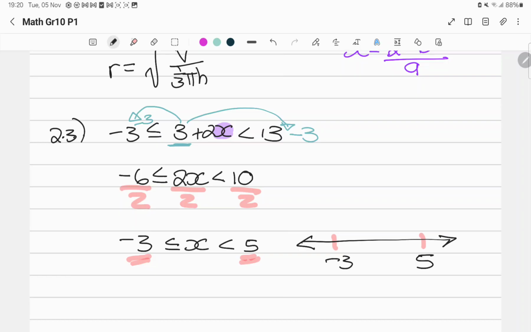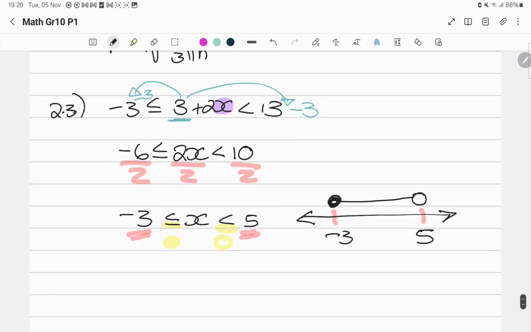Now remember, if there is an equal sign, such as there, then you have a colored in dot. If there is no equal sign, then it's going to be an open circle. So at -3, there's an equal sign, so it's going to be a closed circle. And then at 5, there is no equal sign, so it's an open circle. And then I just connect the two.